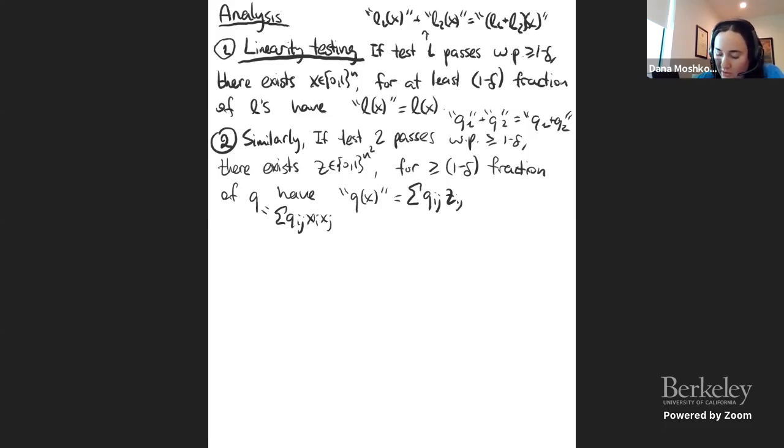So we can also deduce linear structure on the Q because we also do this linearity test on them, for some Z.